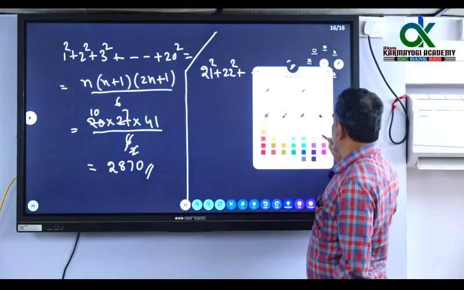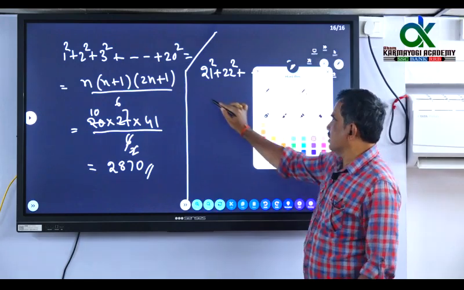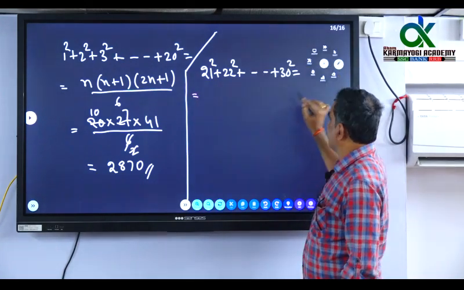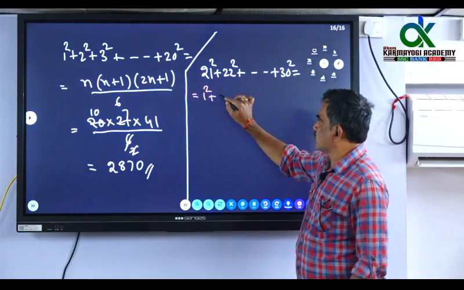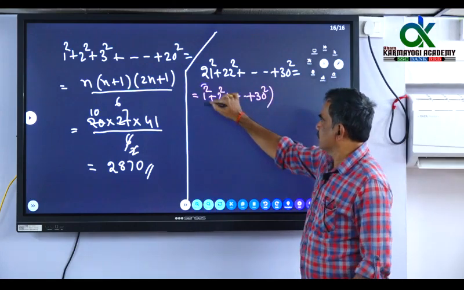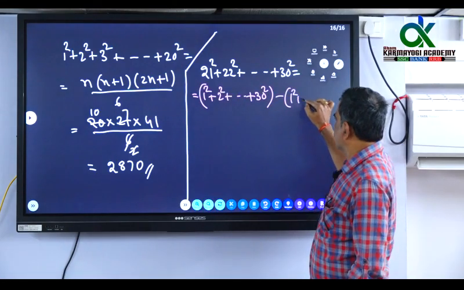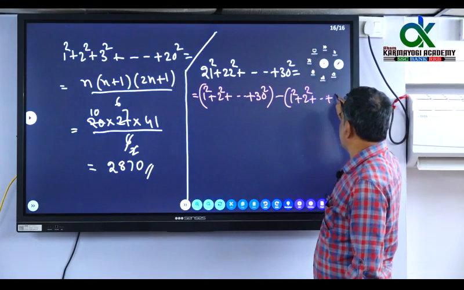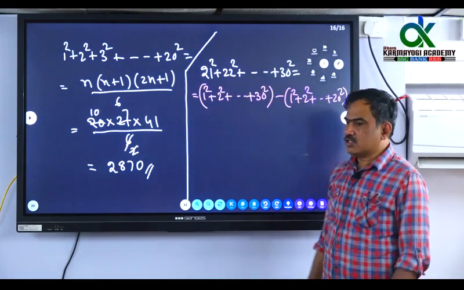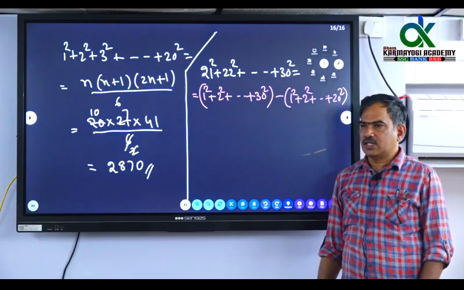This can be written as 1 square plus 2 square plus 3 square up to 30 square minus 1 square plus 2 square up to 20 square. That is, the sum of squares of 30 natural numbers minus the sum of squares of 20 natural numbers.